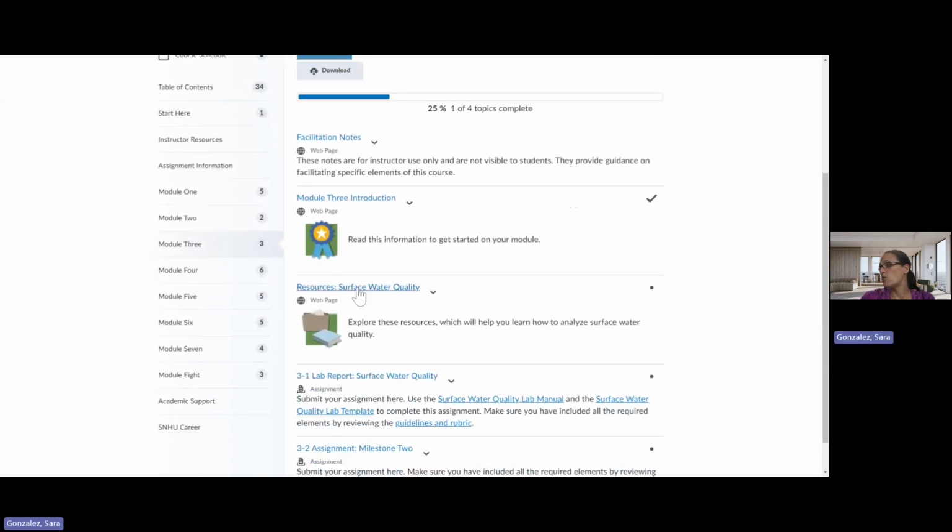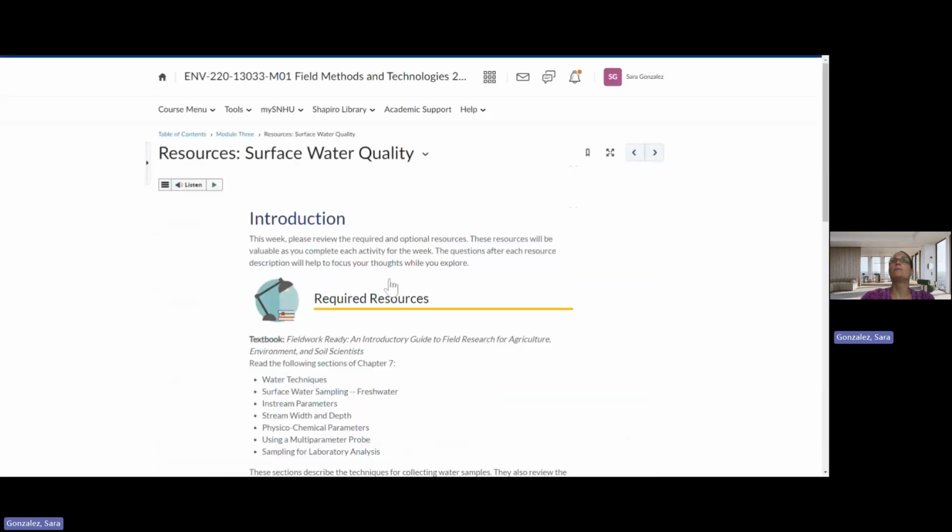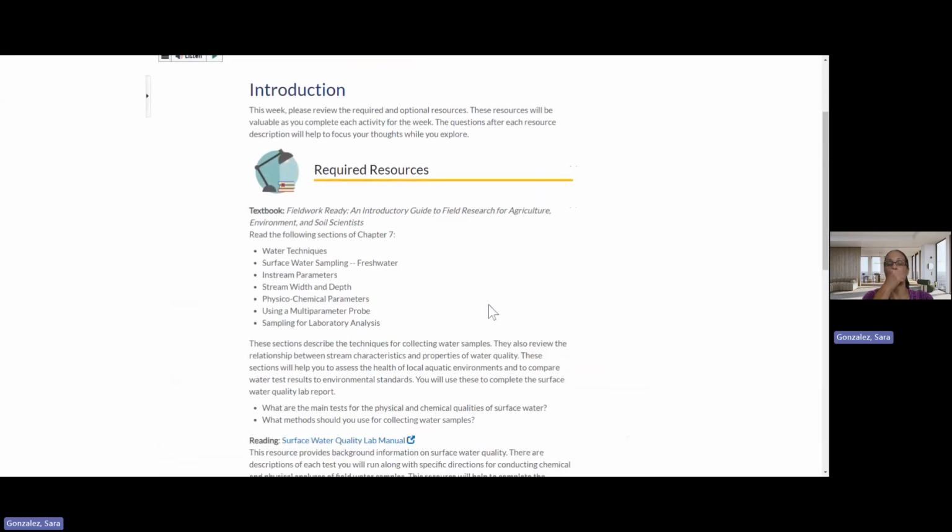What you're going to be reading or reviewing this week is your textbook, specifically Chapter 7. You're going to look at water techniques, surface water sampling with a concentration on fresh water, stream width and depth and how that can influence water samples, and then probe analysis, parameters, and other analysis.